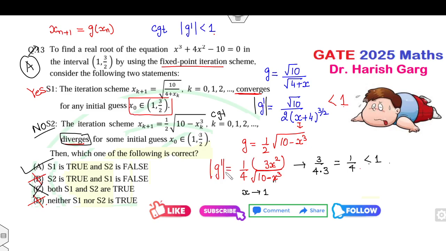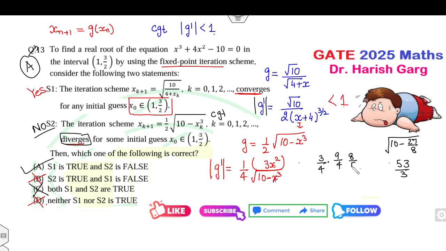So you can see that in a very simple way, you can get the answer of this problem. Moreover, you can also take x as 3 by 2. Then 3x squared is 27 by 4, and 10 minus x cube is 10 minus 27 by 8, which is 80 minus 27 over 8, that is 53 over 8.